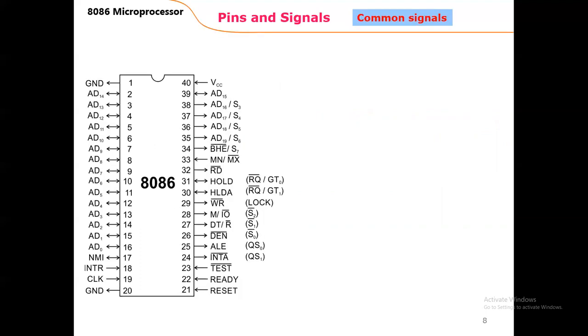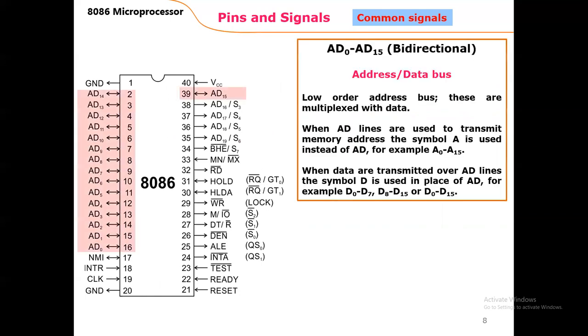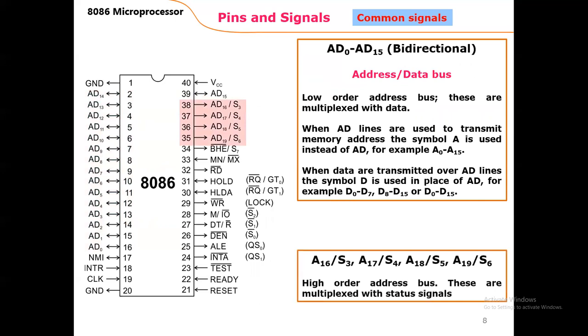We'll talk first of all about the common pins. AD0 up to AD15 is bidirectional and is also called the address data bus. AD19 up to AD16 as well.